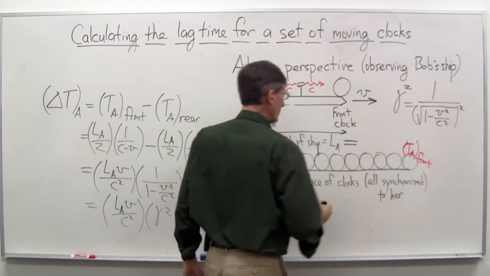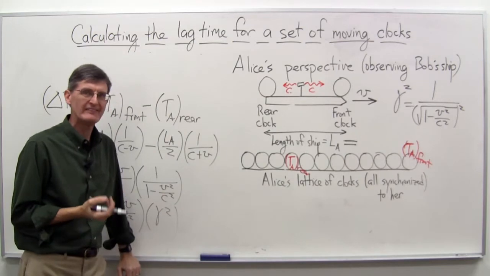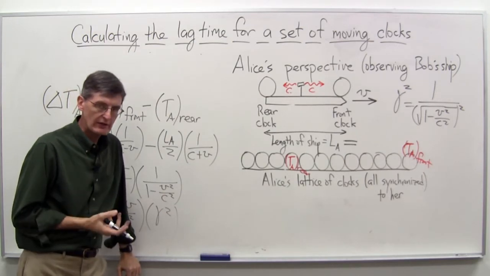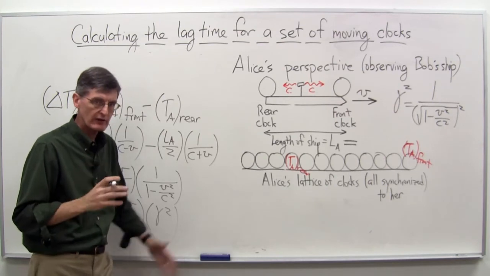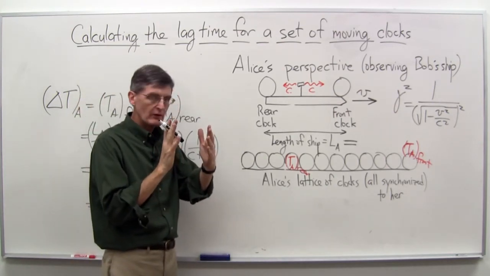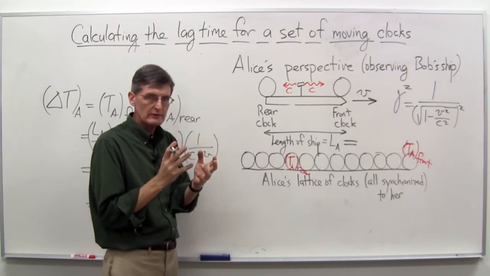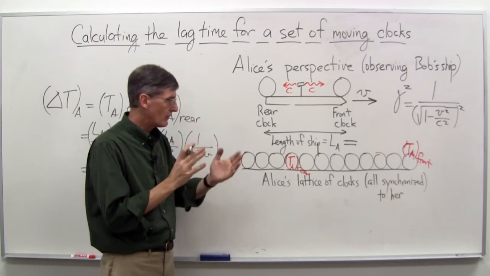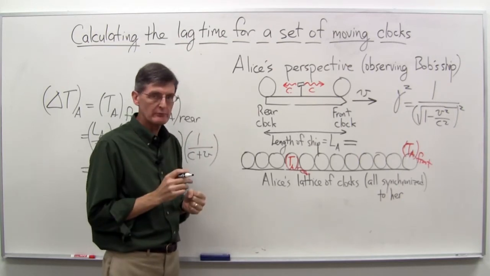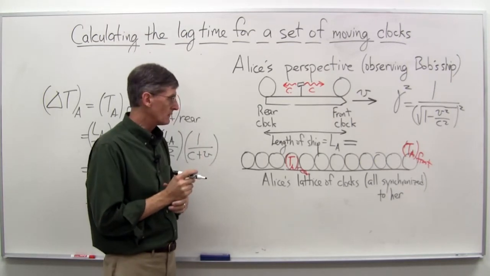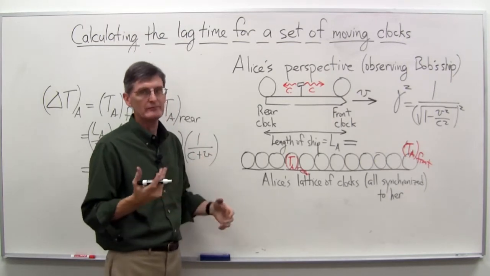will be, now remember, you have to think about this because it's easy to get it reversed. We say, okay, we know it's length contraction, so Alice is going to see a contracted length for Bob's ship. We know that gamma is a number bigger than 1. Okay? So LA is going to be bigger than LB, right? Alice is going to see it contracted. Actually, here's why you have to be careful.